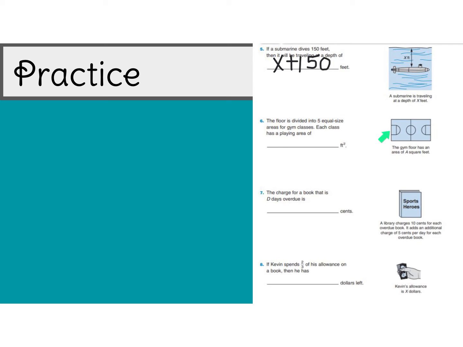So if we take a look at our picture, we've got a gym floor, and it tells us the gym floor has an area of A square feet. So when we think about that, what are they doing? 5 equal size areas, which means that we're probably going to divide that gym floor up.